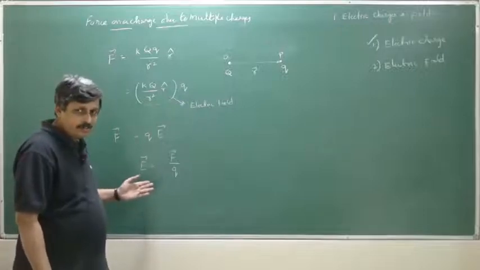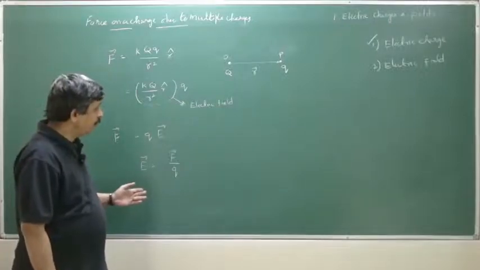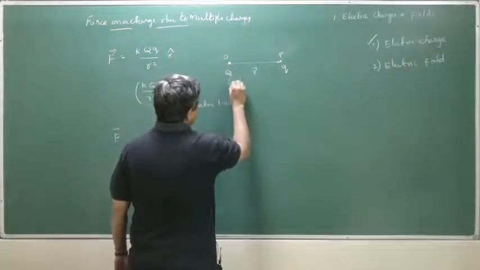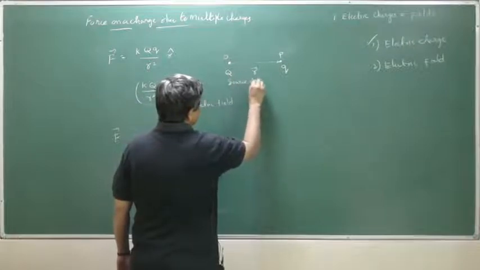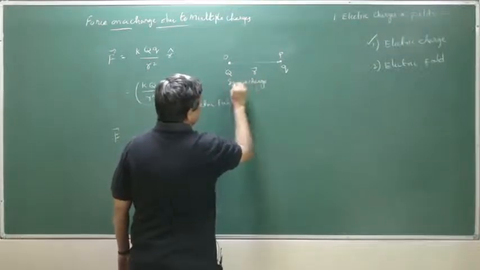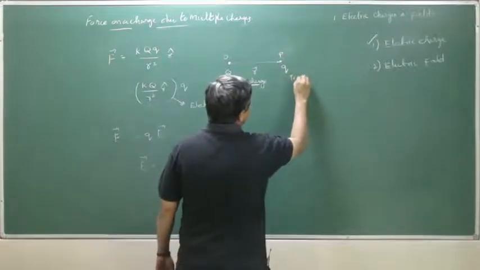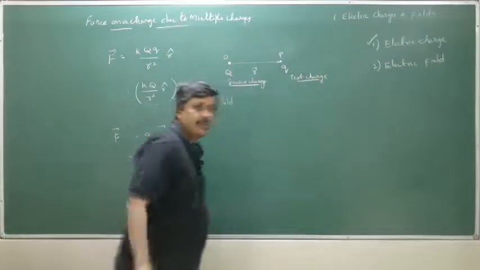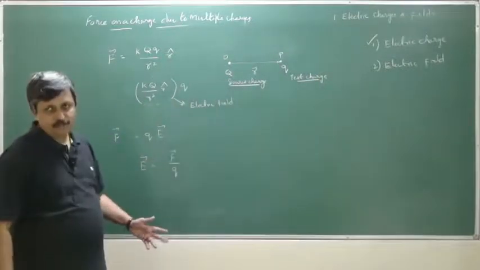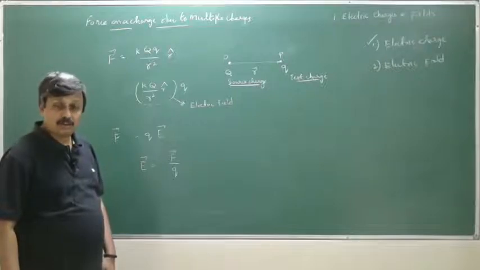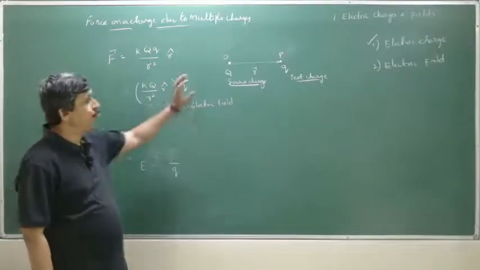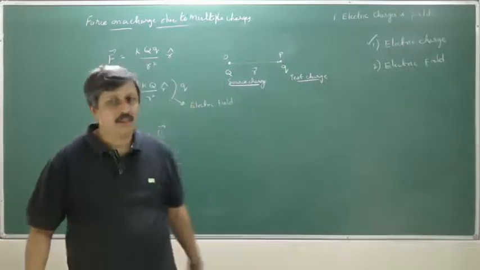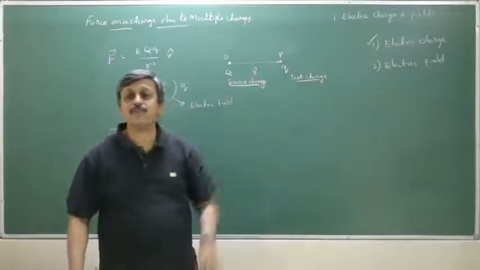There is one tricky notion here: we call capital Q a source charge, and small q a test charge. Our idea is to find out the electric field of the source charge. To do so, we take one test charge, keep it there and find the force on it.